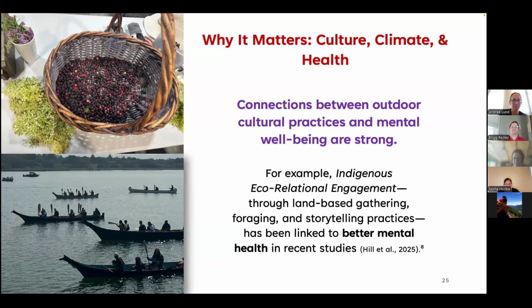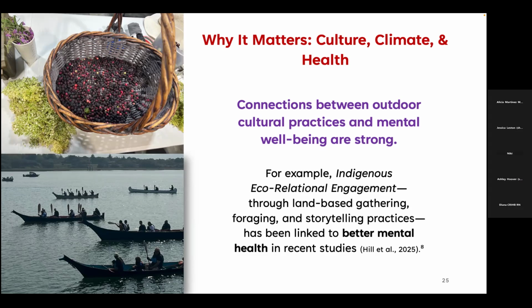So why does this matter? Health, culture, and climate. It matters because cultural practices and mental health are deeply connected. Being outdoors, gathering, even gardening and fishing, it's not just about food or ceremony. These are healing practices that promote well-being, identity, and relational balance for many tribal communities.